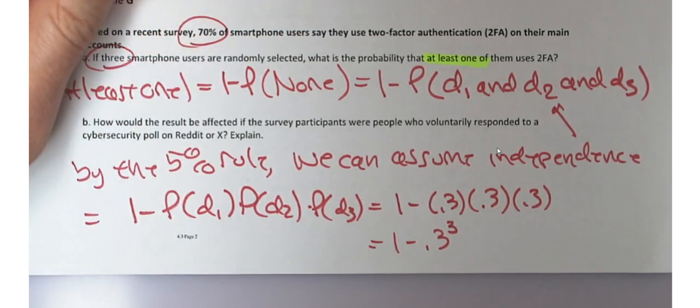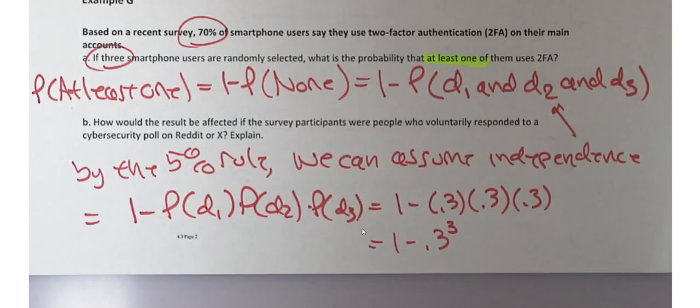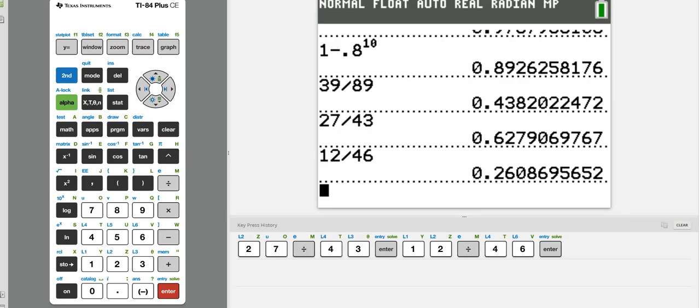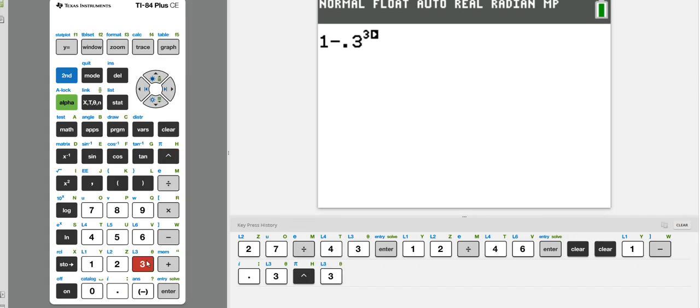That should be 0.027 maybe. So 97.3%. I don't know. We'll find out. 1 minus 0.3 raised to the third power. There we go. Nice. 97.3%.